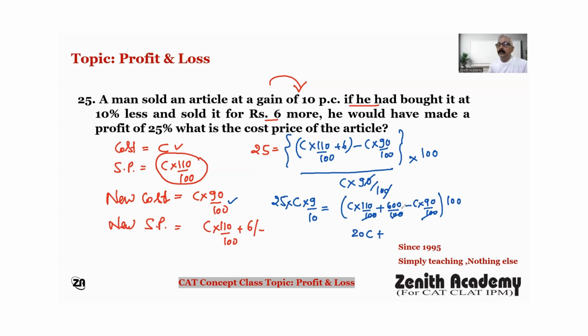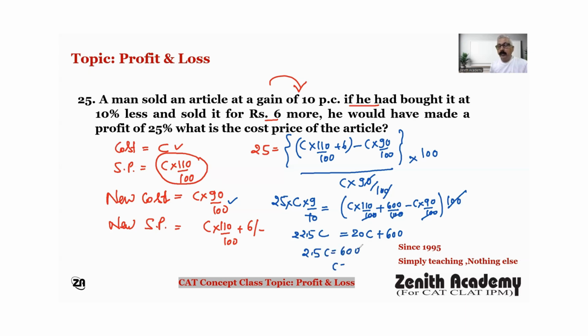20C, and this is 600, and here it is, you can write 25 into 9 is 225, 225 divided by 10 will be 22.5C. So it is coming to 22.5C minus 20C is 2.5C. This is equal to 600.